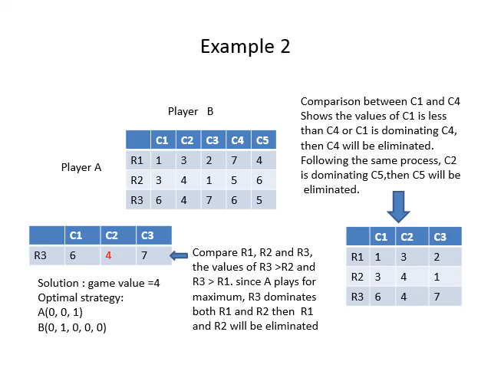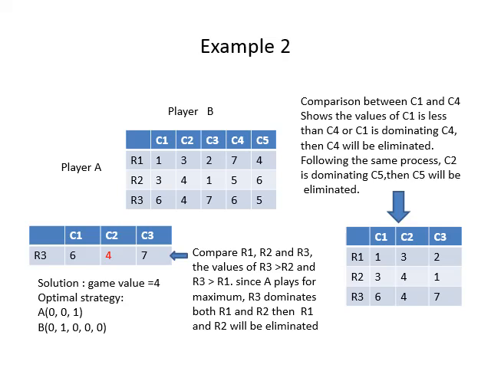Check please if the values of R3 are more than the values of R2 or equal. 6 is more than 3, 4 is equal 4, and 7 is more than 1.